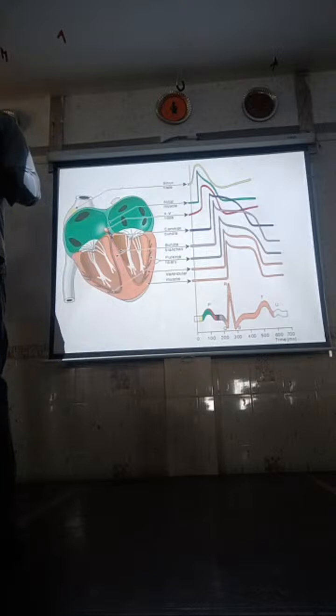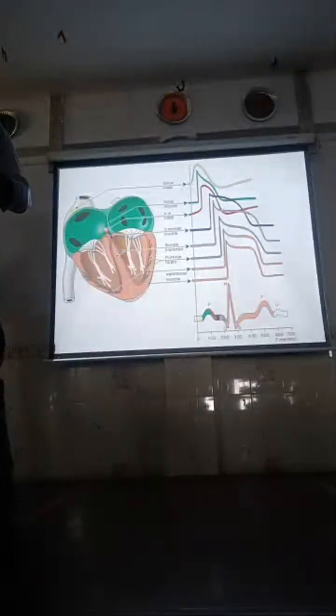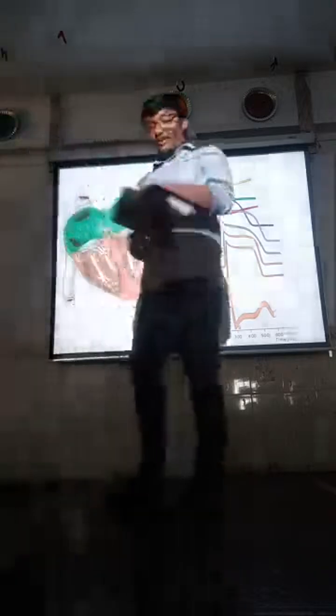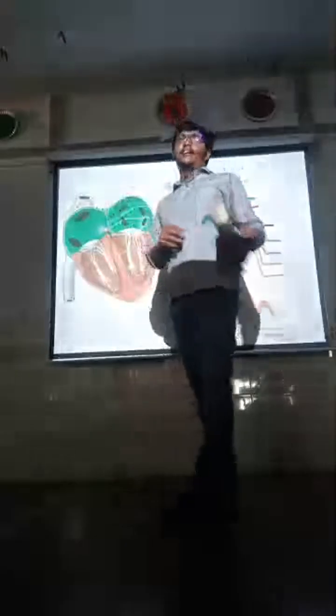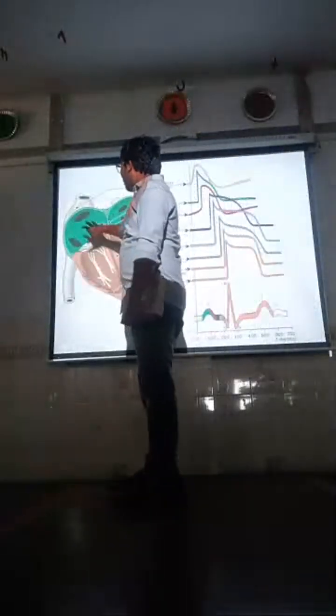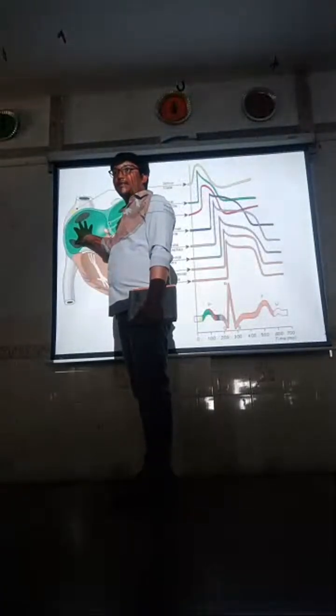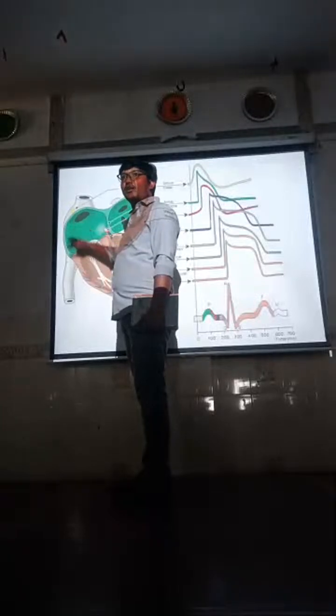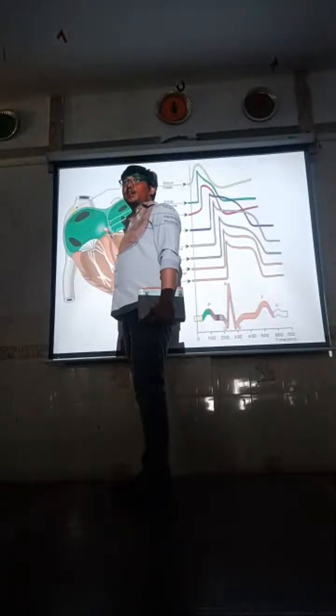So this is atrial systole. Now listen to me carefully. We have the right atrium, and we have two openings present. These two are called great veins.